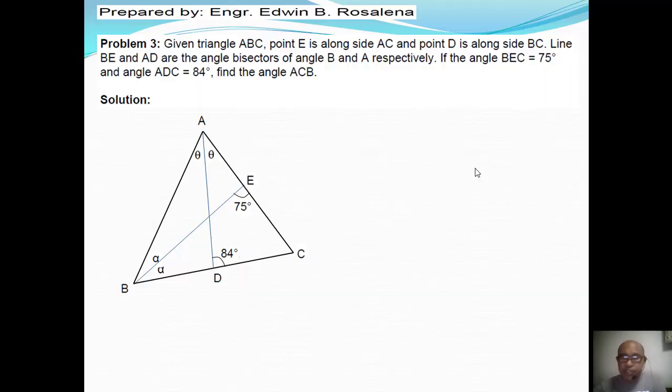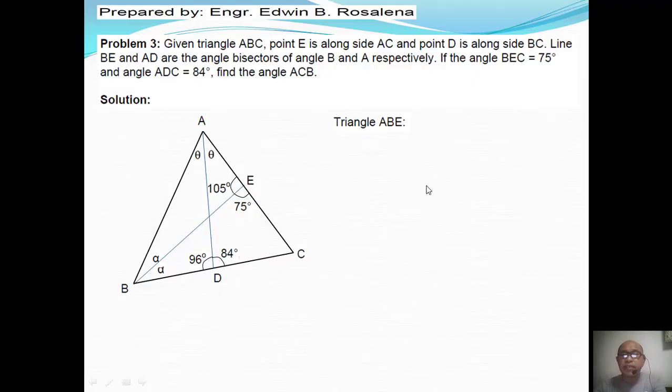Okay. So I can consider triangle ABE. So, by the way, this angle is 105 na, because we have 75, so 180 minus 75, so 105. How about this angle? This is 96 na.